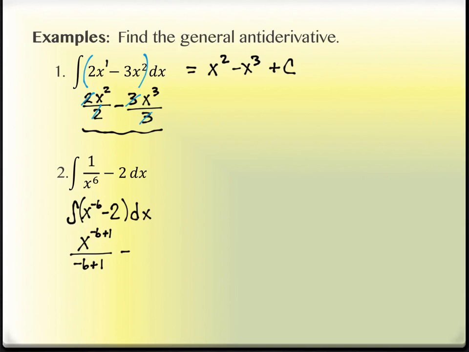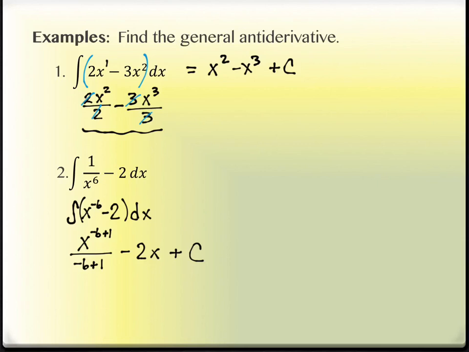Okay, and then what do I do with the 2? It's 2x. Anytime you have a constant, we attach an x to it because the derivative of 2x is 2. Okay? What else do I still need? Plus c. On a gateway, you stop right there.